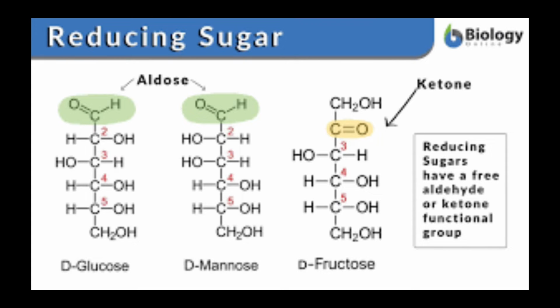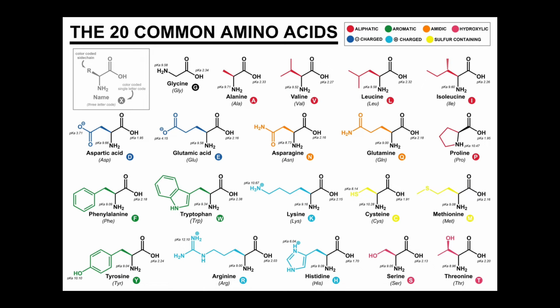Furthermore, common reducing sugars that are found in many Maillard reactions are glucose and fructose. And common amino acids that are found in many Maillard reactions are lysine and glycine. And amino acids are just, or like proteins are just amino acids in long chains.